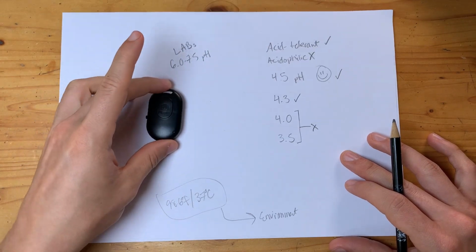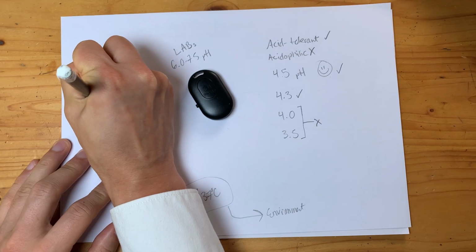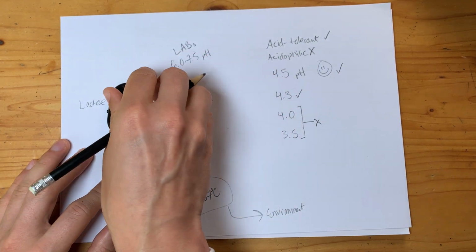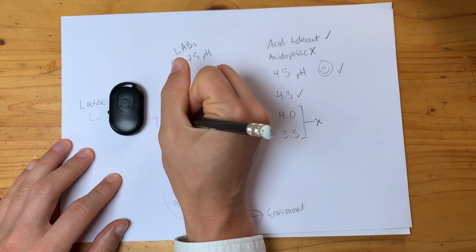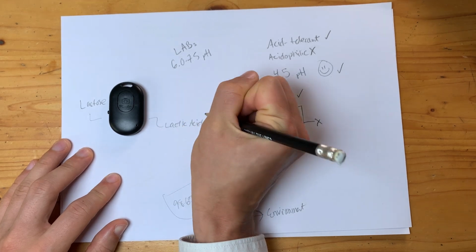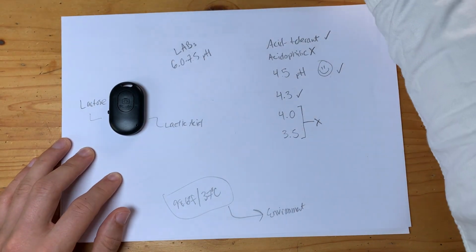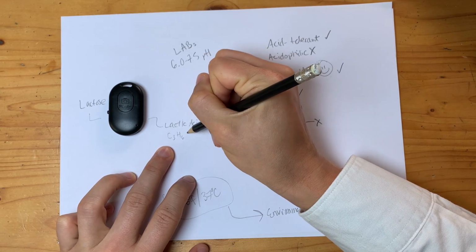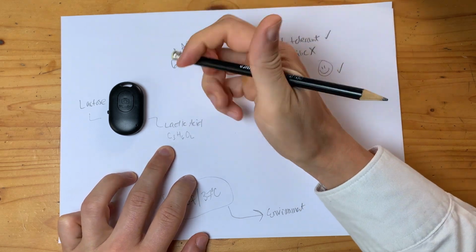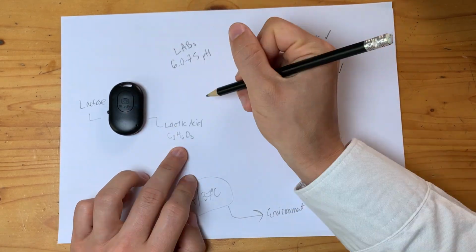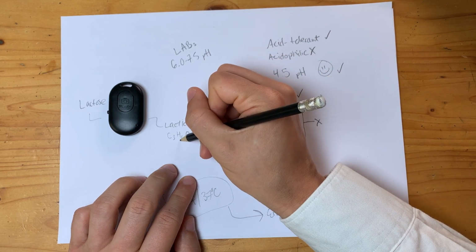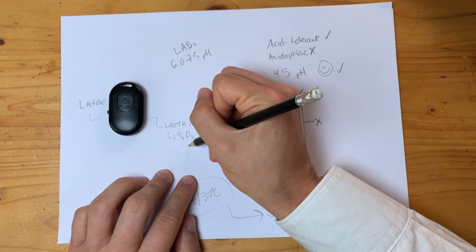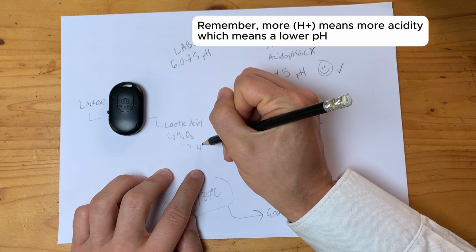And so, as these guys are eating lactose, they're going to be making lactic acid. And lactic acid is 3 carbons, 6 hydrogens, and 3 oxygens. This is technically a weak acid, and so sometimes some of these hydrogens are going to detach. And so you'll get free floating hydrogens.